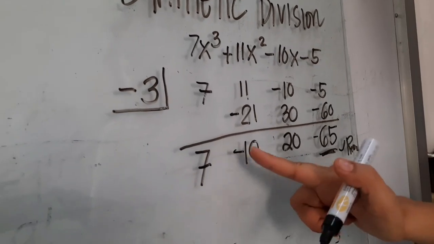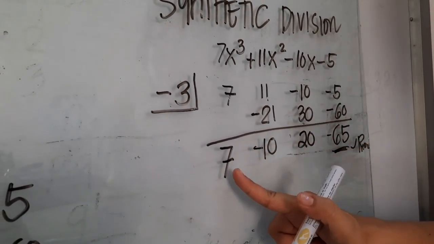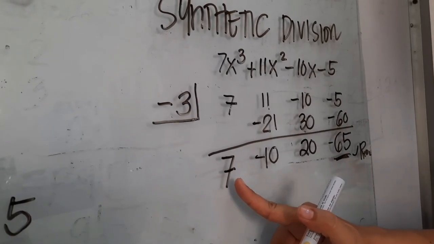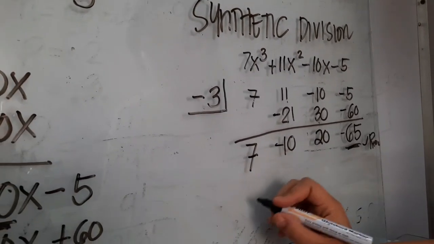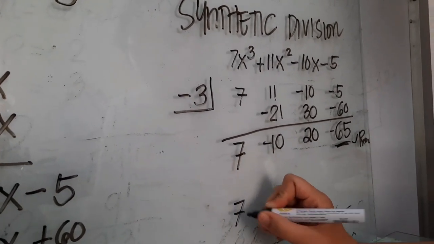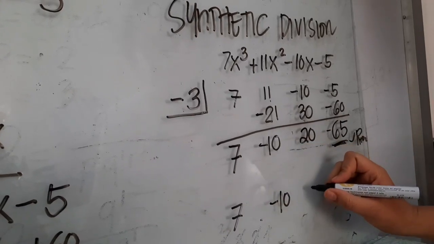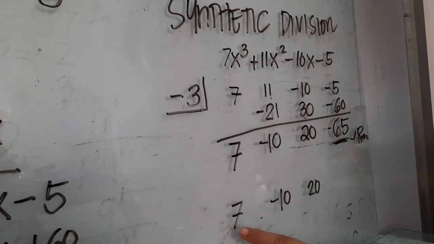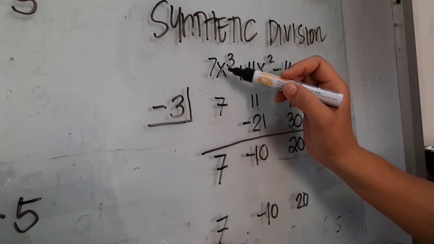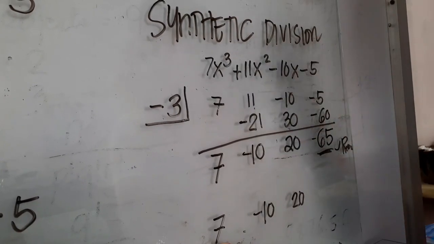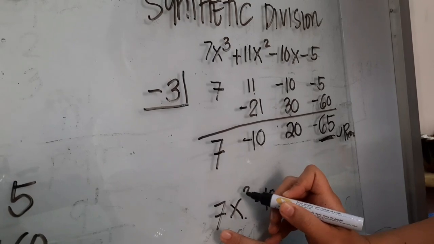And the terms here sa bottom part on our third row will be the numerical coefficients of our quotient. So, unsaon man nato na paghimo, ipanulat ra nato ang ilahang mga numerical coefficients, 7, sunod, negative 10, sunod, 20. Pagkahuman, atong balikon og tanaw ang dividend, ang highest exponent diri kay x cubed, minusan nato 1, magsugod na ta karon og x squared.